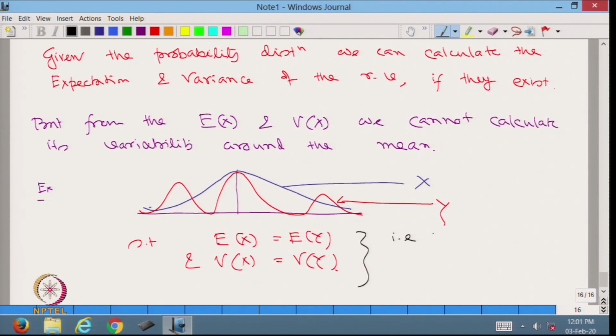That is, from Ex and variance of x, we are not sure of the underlying distribution.